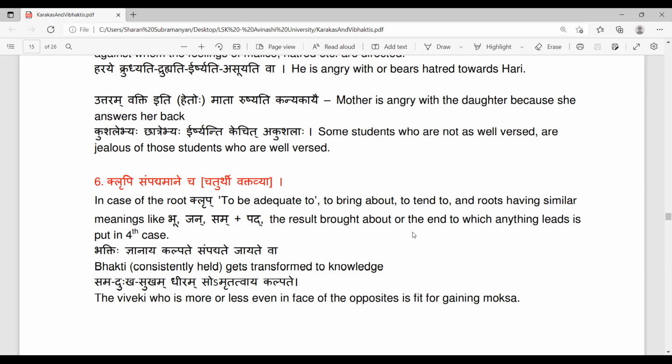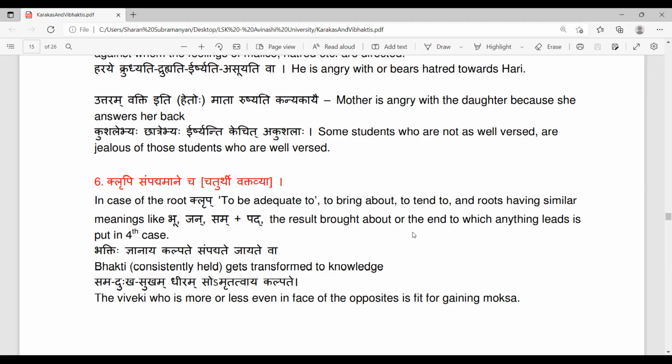Bhaktihi jnanaya kalpate. Even in the Gita, one shloka in the second chapter, I think the 15th shloka: matra sparshas tu kaunteya... brahma bhuyaya kalpate. I don't remember. That is an Upanishadic vakya.